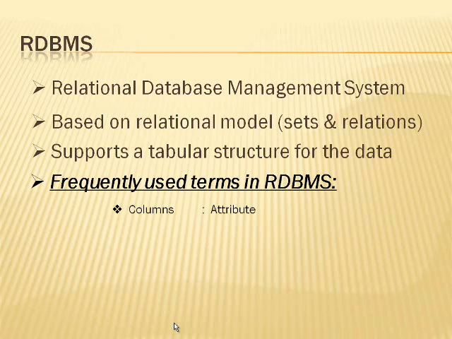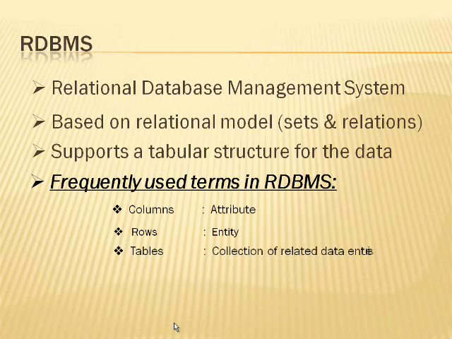Now, what is a table? A table is a two-dimensional array containing rows and columns. Some of the frequently used terms in RDBMS are columns. A column is a vertical entity in a table that contains all the information associated with a specific field in a table. It is a finite unit of data. A row is a collection of data in different columns, like a row is an entity.